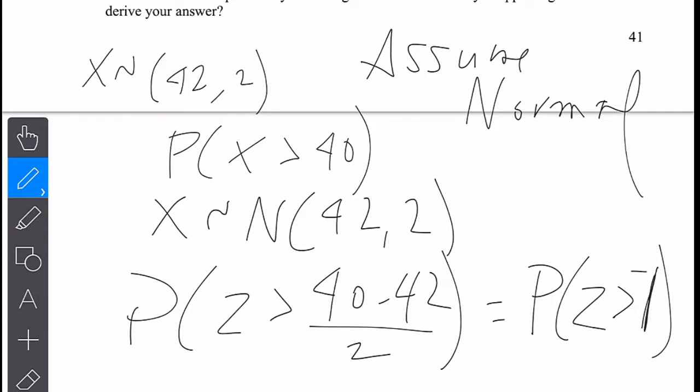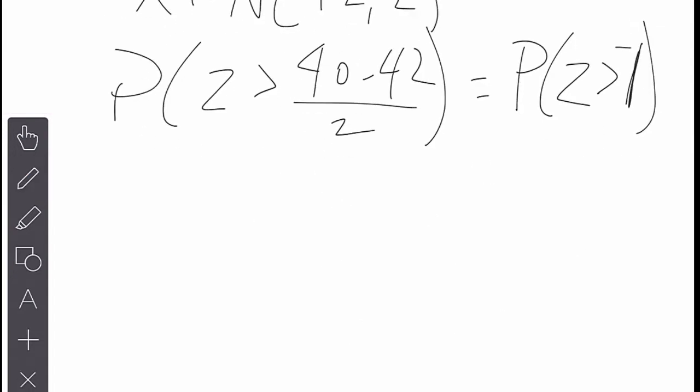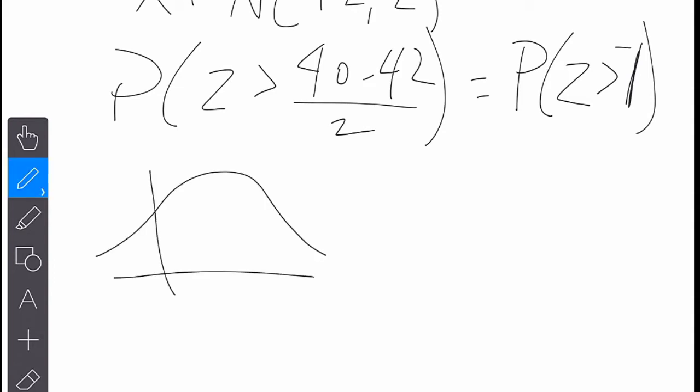So I have to go greater than -1. Draw a picture. Remember that the inflection point is 1 deviation from the mean, and I want to go this way.